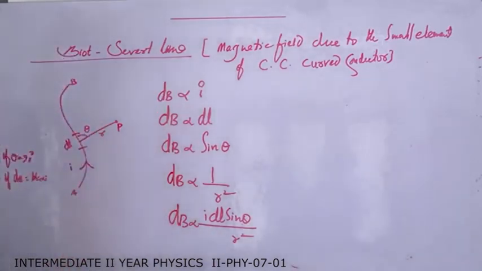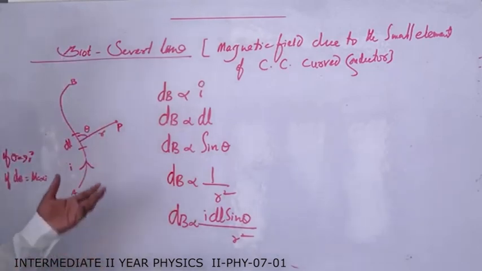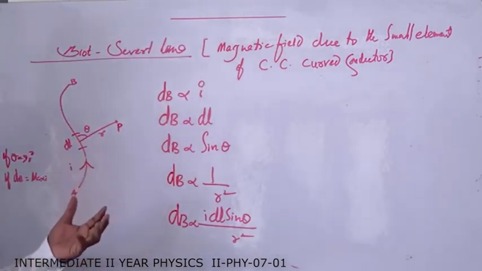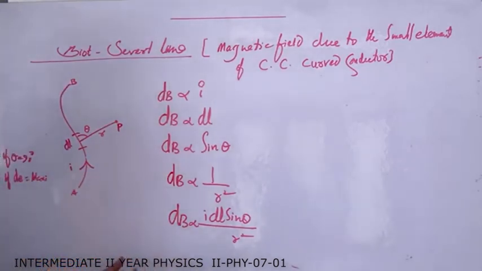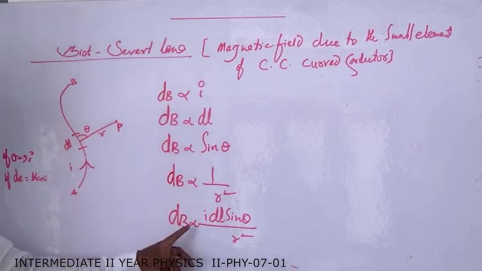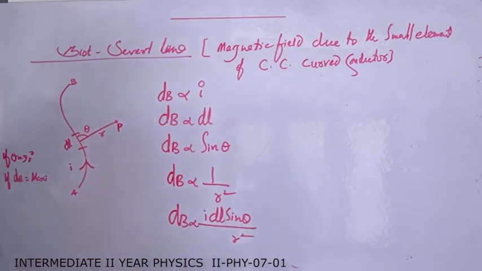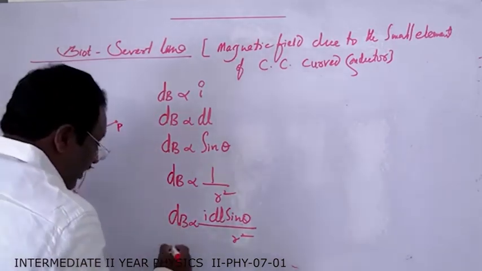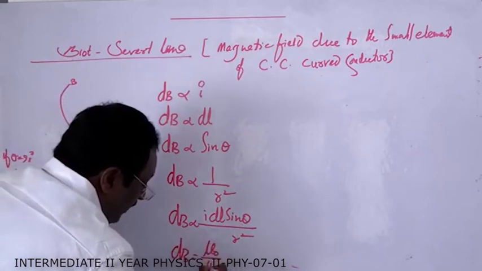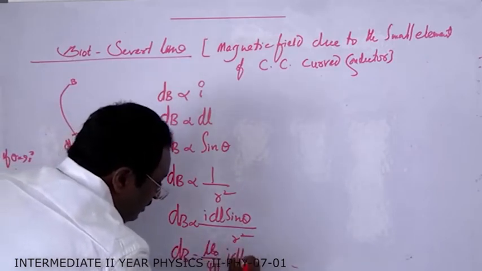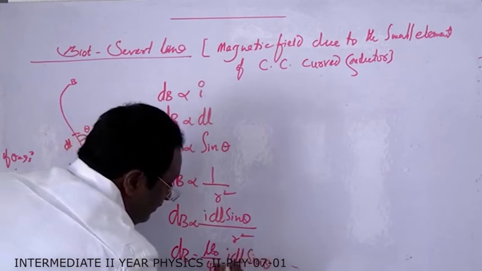It is always constant; the magnetic permeability of free space and air is constant in all cases. We take this constant in the form of a proportionality constant. It is in our physics culture that whenever the proportional symbol is removed, we can write a proportionality constant. So what is the proportionality constant? dB is equal to mu naught by 4 pi, I dl sin theta by r square.